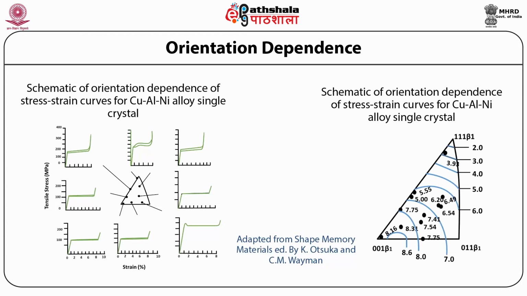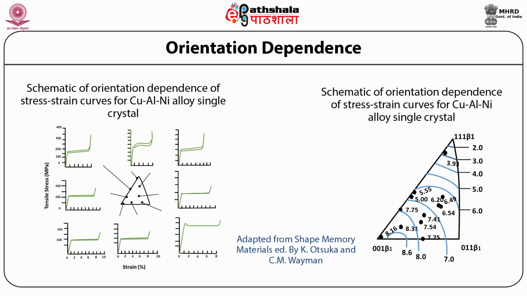Orientation dependence: the strain that can be accommodated according to Bain's model will be different in different directions upon martensitic transformation. So this translates to varying amounts of superelastic strain possible for different orientations.